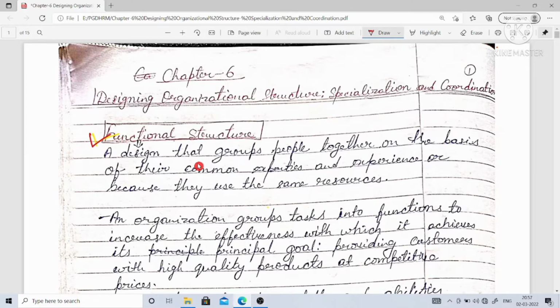If you are grouping people in the organization on the basis of their common expertise and experience and how they use resources, then that type of structure becomes a functional structure.